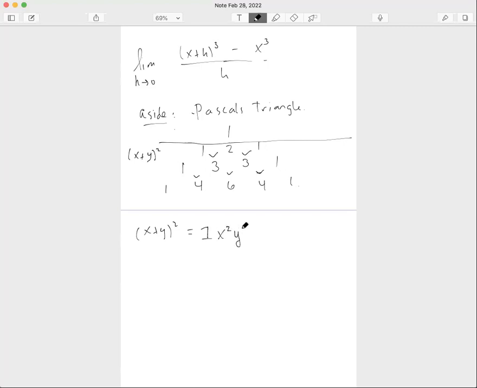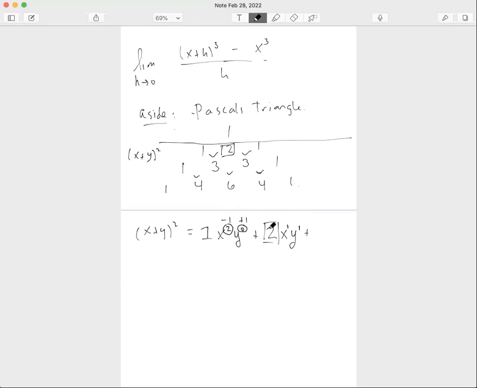and then y to the 0, which is 1. And then the next term is a 2. What you do is subtract 1 from this power and add 1 to this power. So you have an x to the 1, and then y to the 1. And the 2 comes from here.